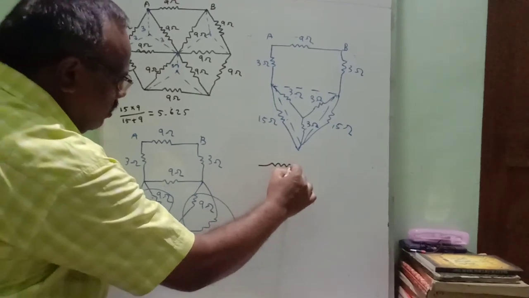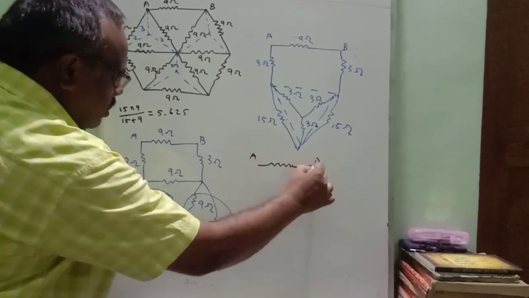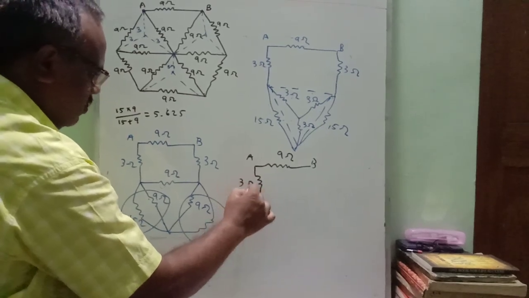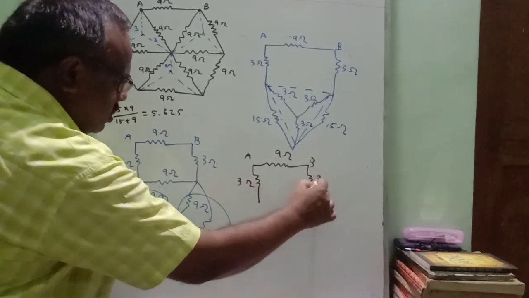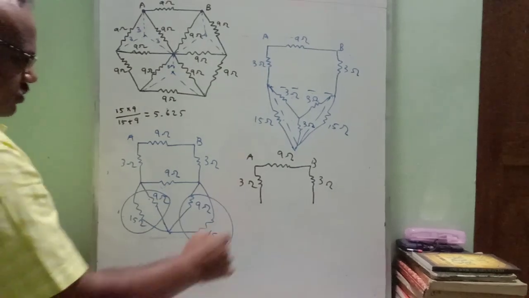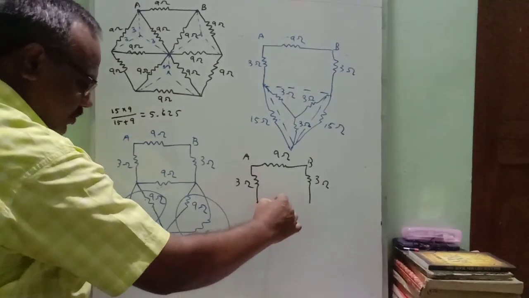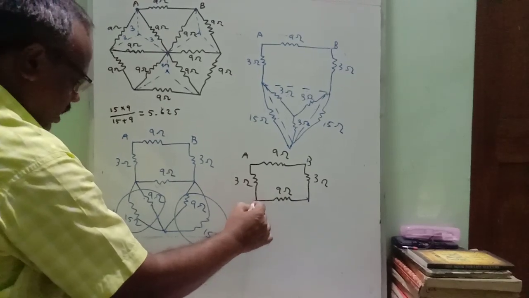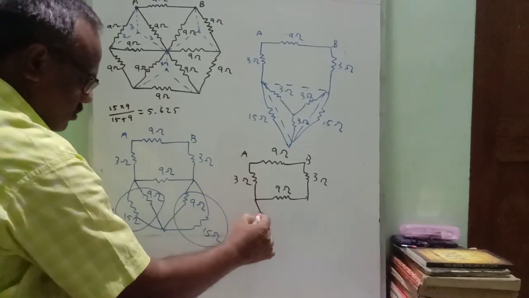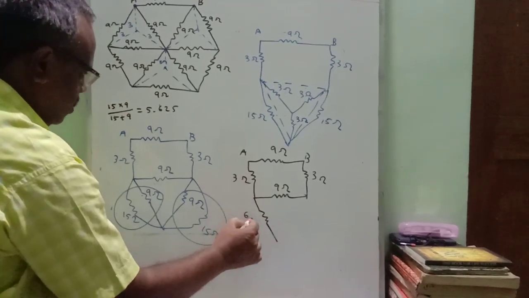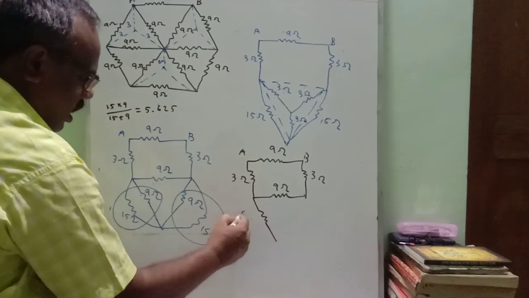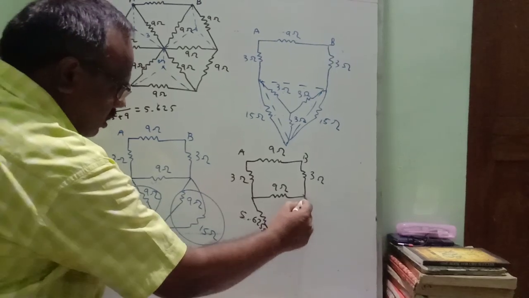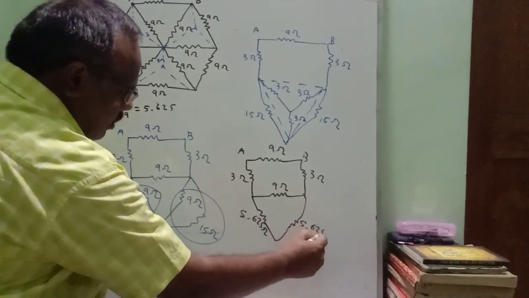So it will become A, B, this is a 9 ohm, this is a 3 ohm, this is a 3 ohm. Now this will be 9 ohm, and this is your 5.625 ohm, and this is your 5.625 ohm.